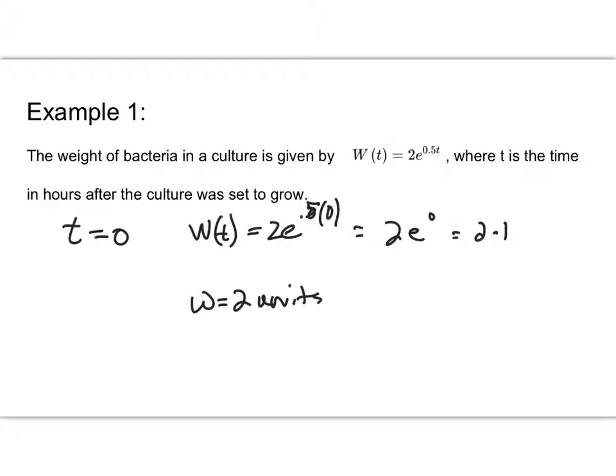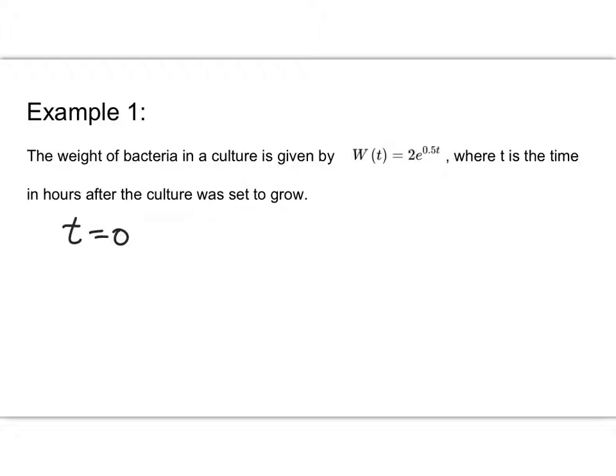All right, let me erase that. Now we want to find the weight when t equals 30 minutes. Well, t is the time in hours, so we have to take that into consideration. 30 minutes is half an hour.